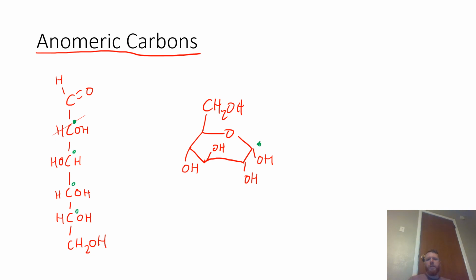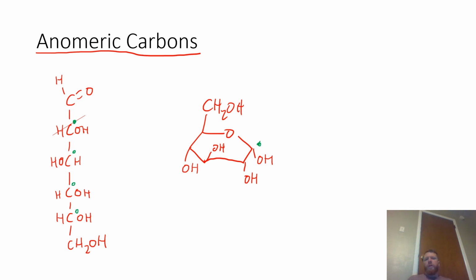Carbon number 1 is attached to how many different groups? This carbon has a hydrogen, it's linked into the ring through a carbon, it's linked into the ring through an oxygen, and then a hydroxyl group. So this has a total of 4 different unique groups attached to it, compared to carbon number 1 in the linear form, where we only had 3 different things that it was attached to.